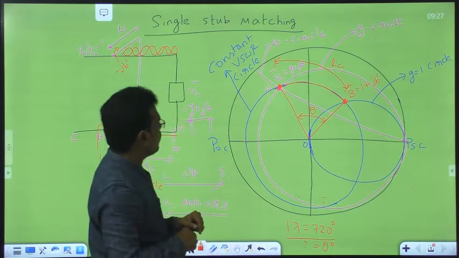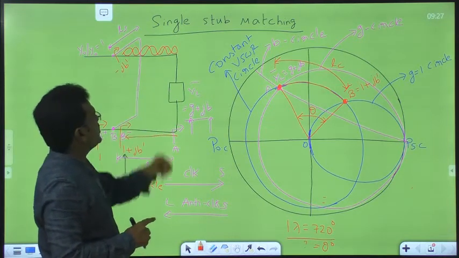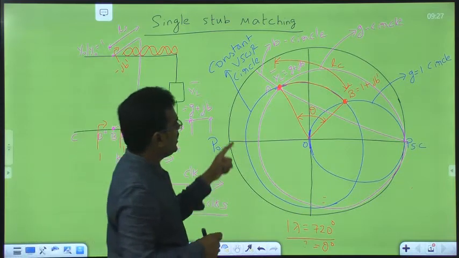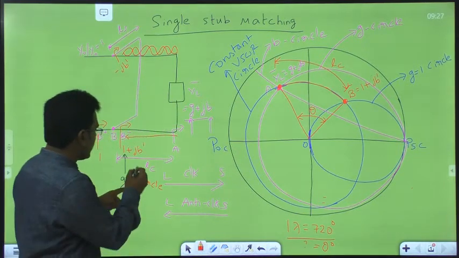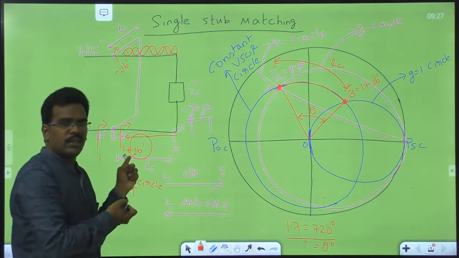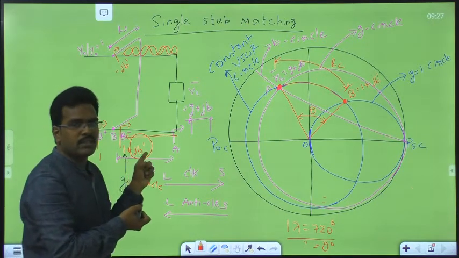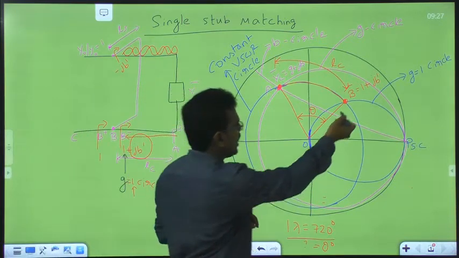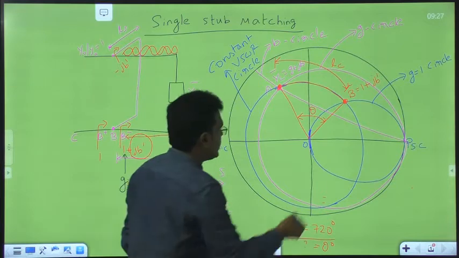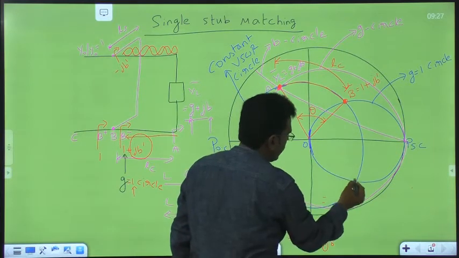The second one is we have to find out the length of the stub and the stub admittance. We know that the stub admittance is nothing but the imaginary opposite of this susceptance. So for that, how to choose an opposite value? Take the mirror image of this point. So what is this point?